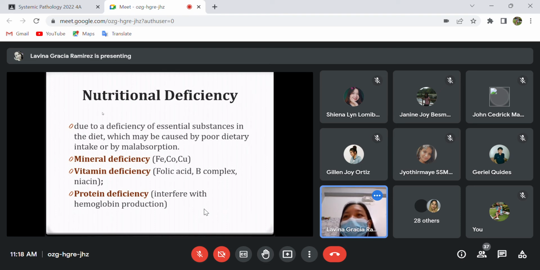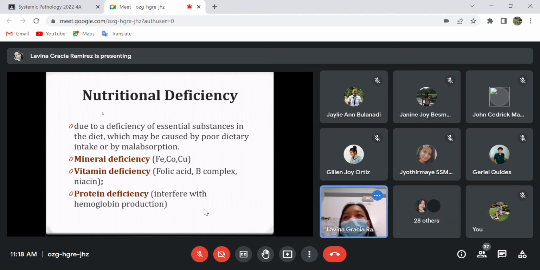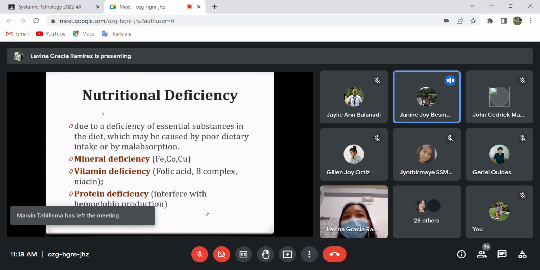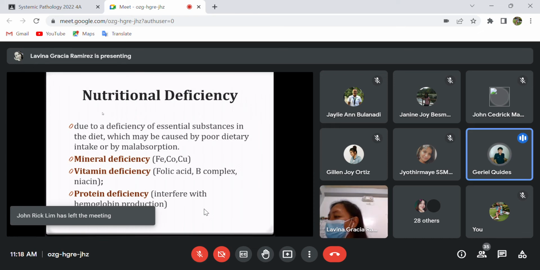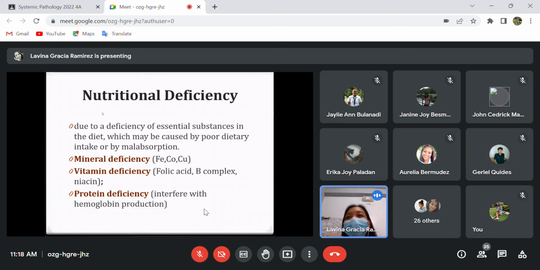Carbon dioxide po yung CO, Doc. Cobalt po, Doc. Cobalt. Okay, so what about CU? Copper, Doc. Oh, copper.